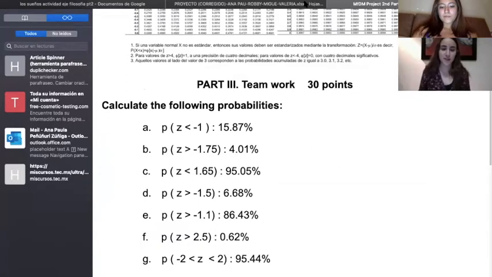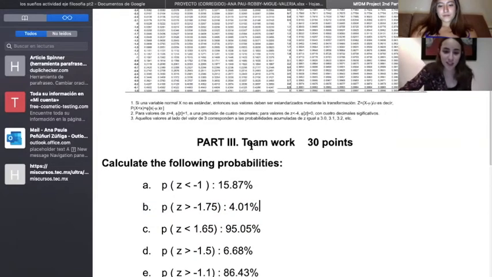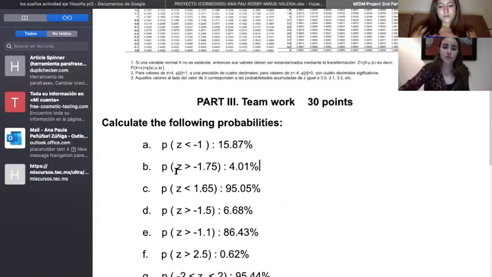Hi, I am Ana Pau, and I'm going to explain the three scenarios in which we have to calculate z values. First, you have the scenario where the value of z is greater than the value you are going to calculate. In this example, you need to check the number in the table, and then subtract it from 1, and you'll have this probability.